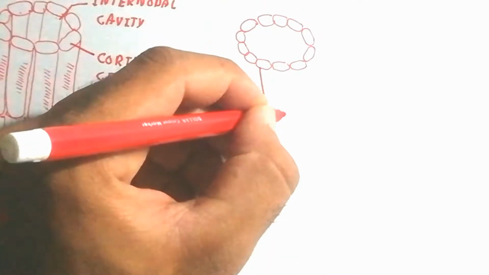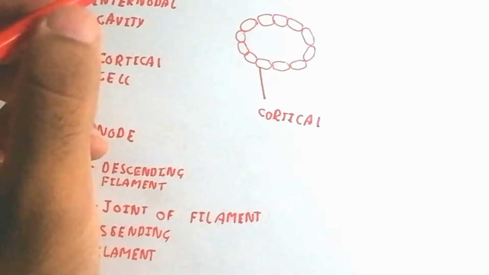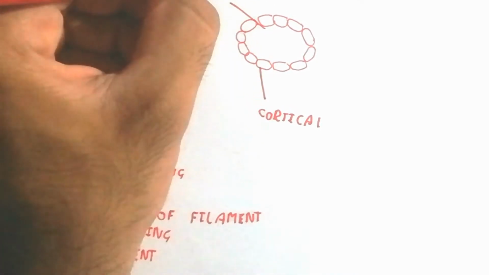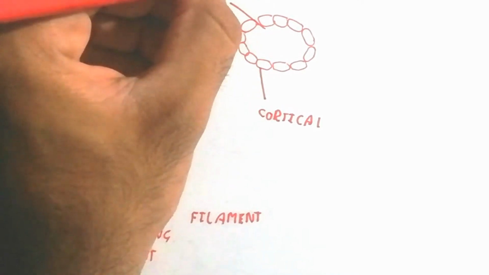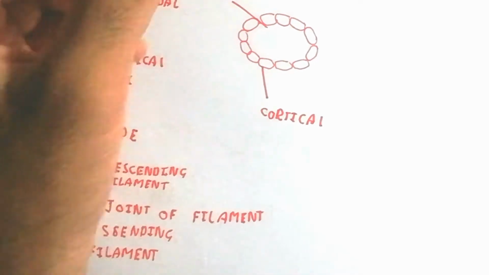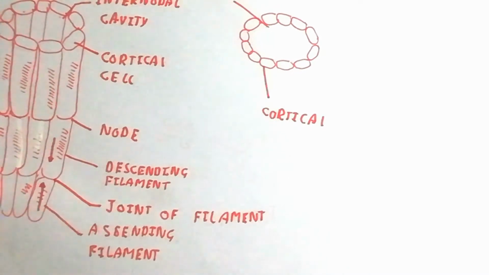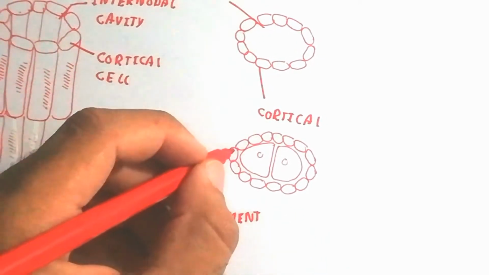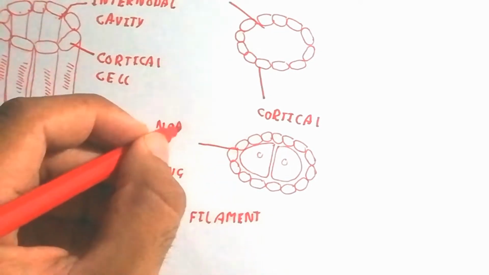Now we will talk about the basic node. For example, the thallophyte contains a node. Here is the internodal cell, which is empty, but the cortical cell is present as the upper layer.